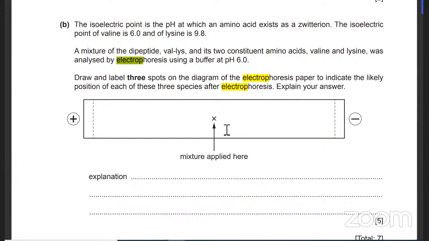So first thing, let's repeat. Electrophoresis is that you have a filter paper or a chromatogram which is soaked in a buffer solution. Maybe they're going to ask you for a diagram as well. The diagram is simple.